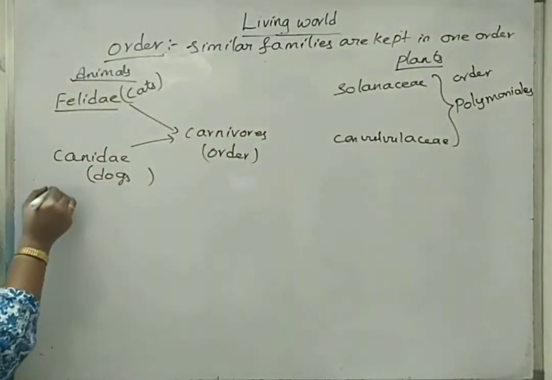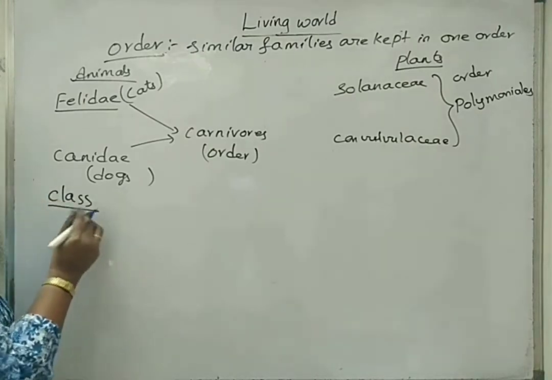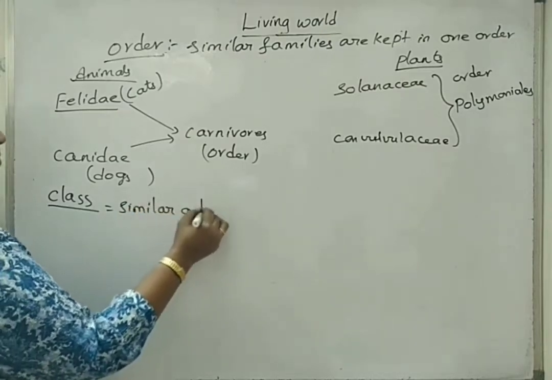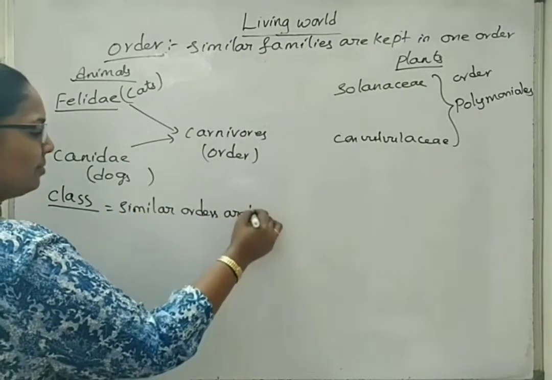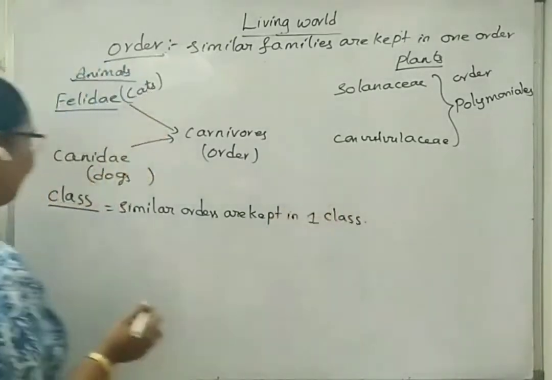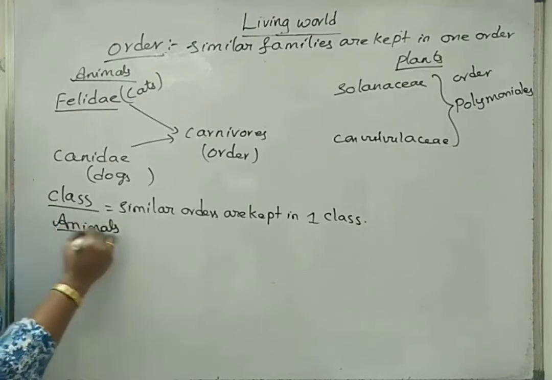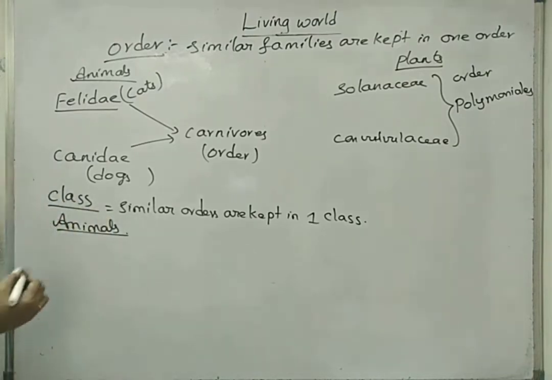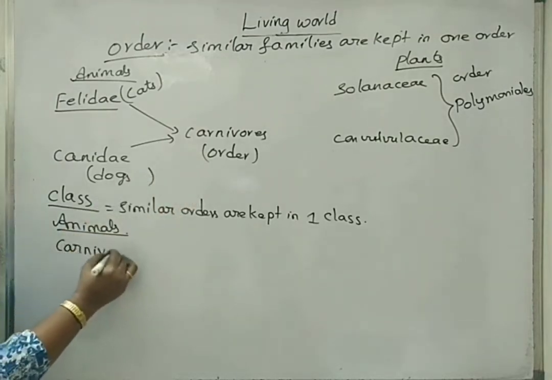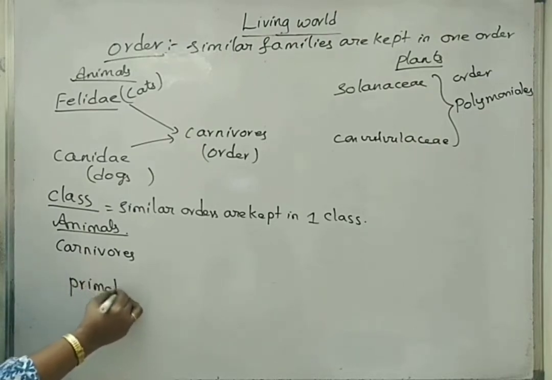Next category is class. Similar orders are kept in one class. Here we can take under animals, there we have written carnivores. We will take another order, that is primates.